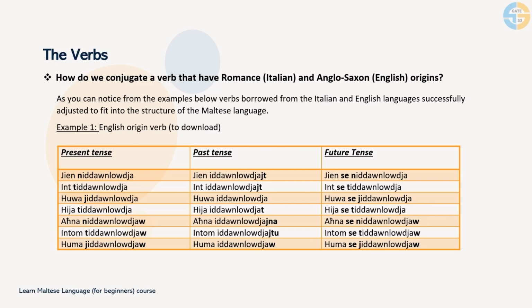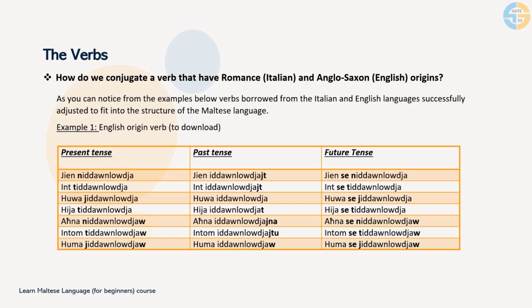The past tense: jien id-downloadjajt. So yt was added to id-downloadja. Okay? Inti id-downloadjajt. Huwa id-downloadja, the mamma, remember? He downloaded. It means, what did he do yesterday? He downloaded. So huwa id-downloadja, which is the mamma. Hija id-downloadjat.